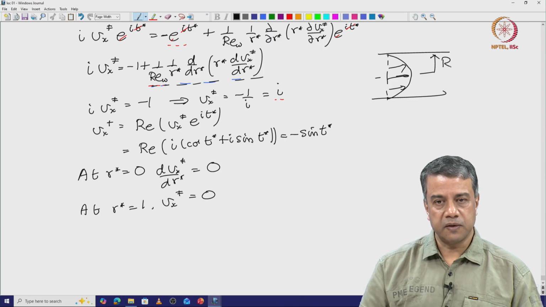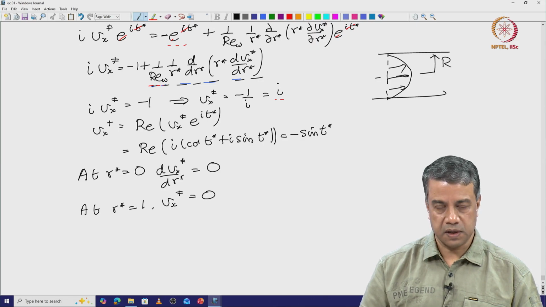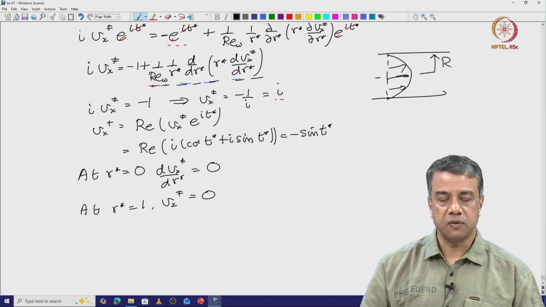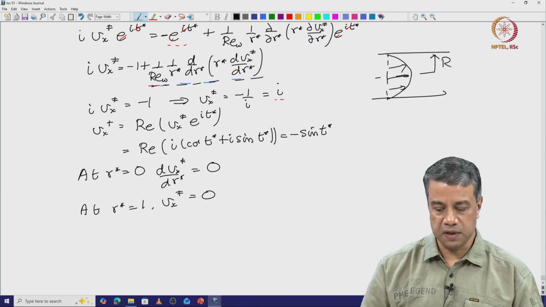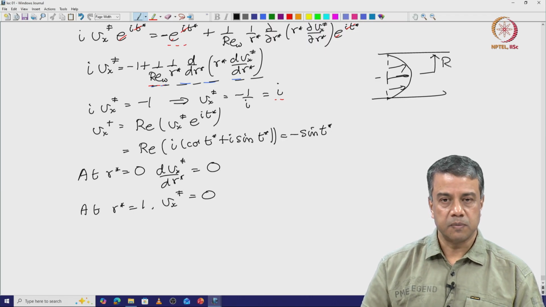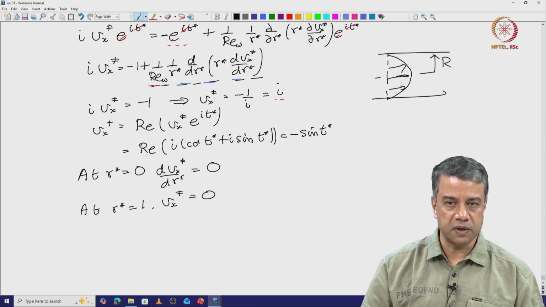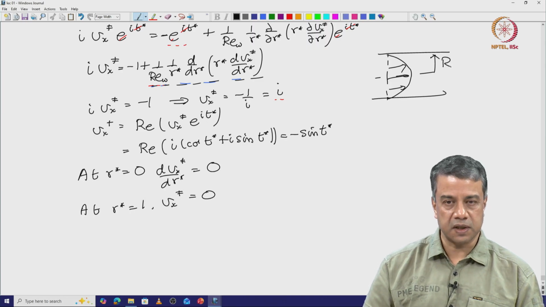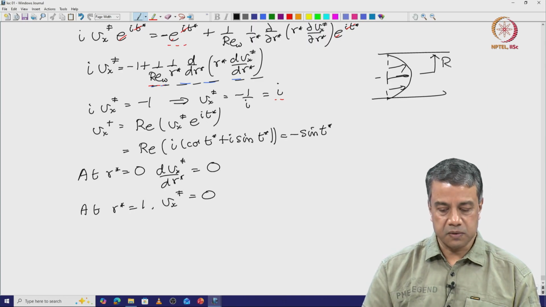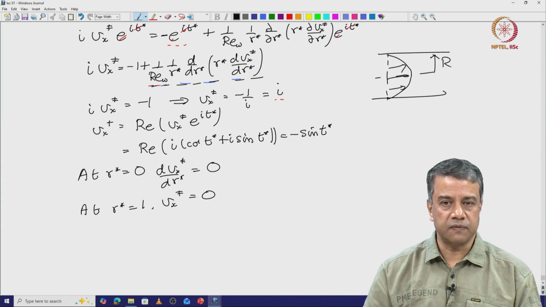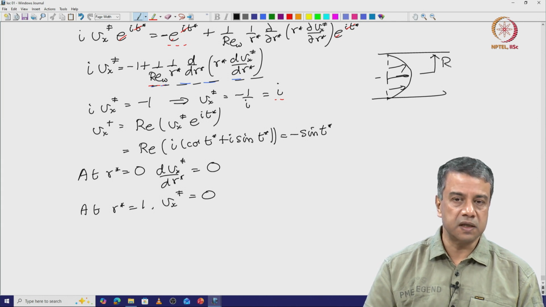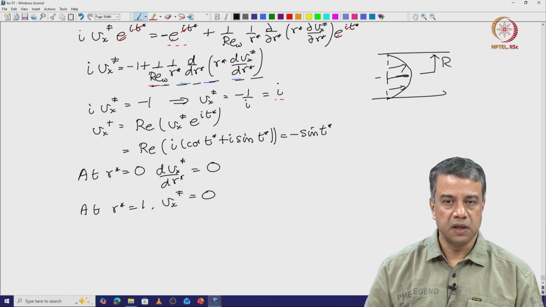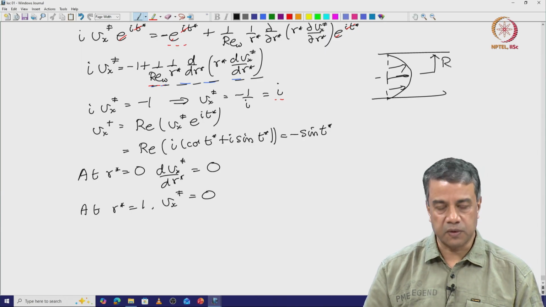Even when momentum diffusion is small, it may diffuse to a distance that is much smaller than the pipe radius, but there has to be diffusion for the momentum to decrease to 0 at the wall. So, we have to incorporate the effect of momentum diffusion within a thin region close to the wall in order to be able to satisfy the boundary condition.